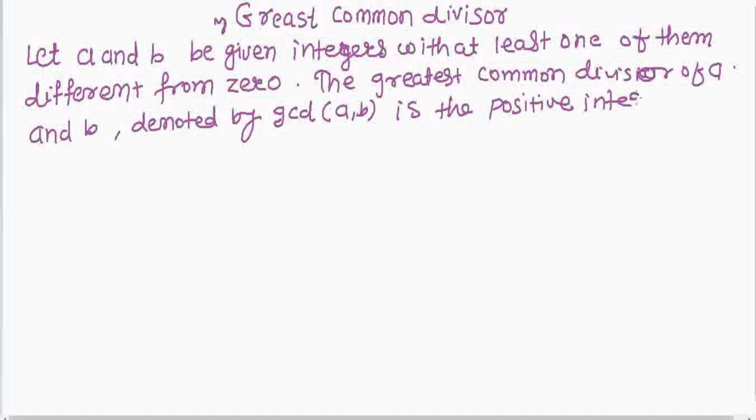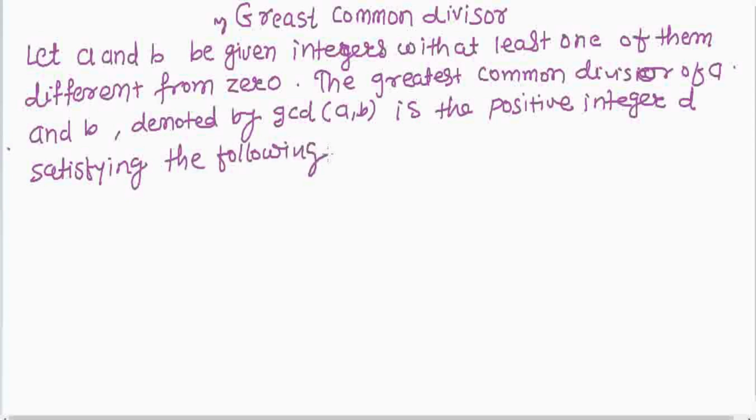Remember this thing, a positive integer d satisfying the following two conditions. First condition, d is a divisor of a and d is a divisor of b, so it is a common divisor of a and b.